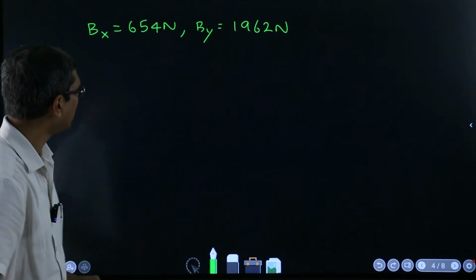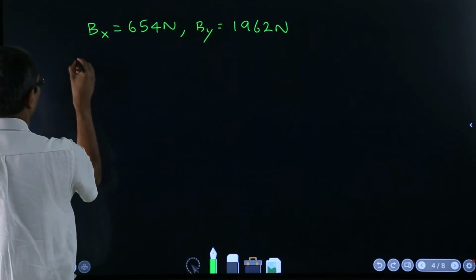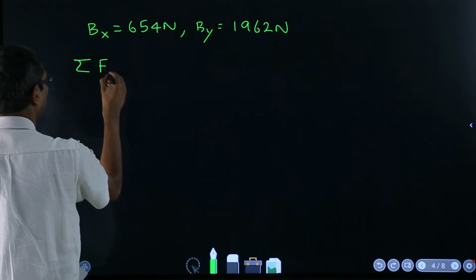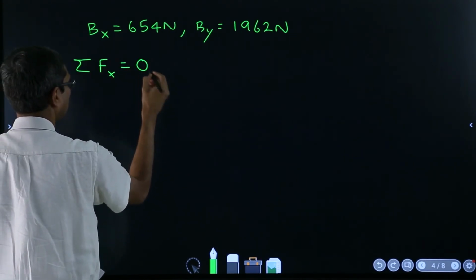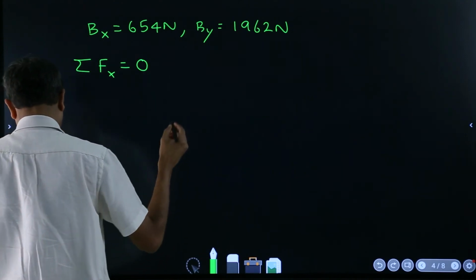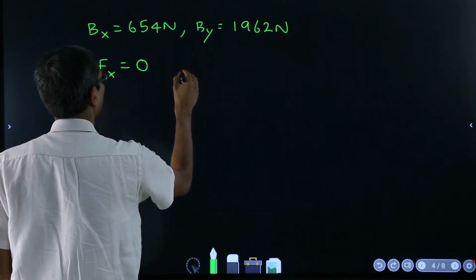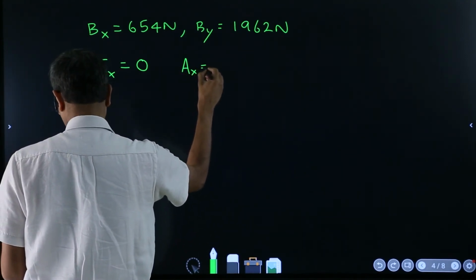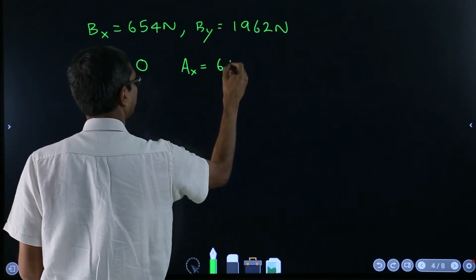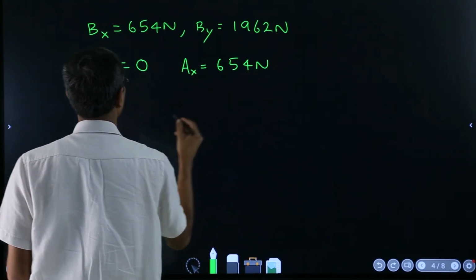Now if you use summation of Fx equal to 0, from there you will get Ax to be 654 newtons.